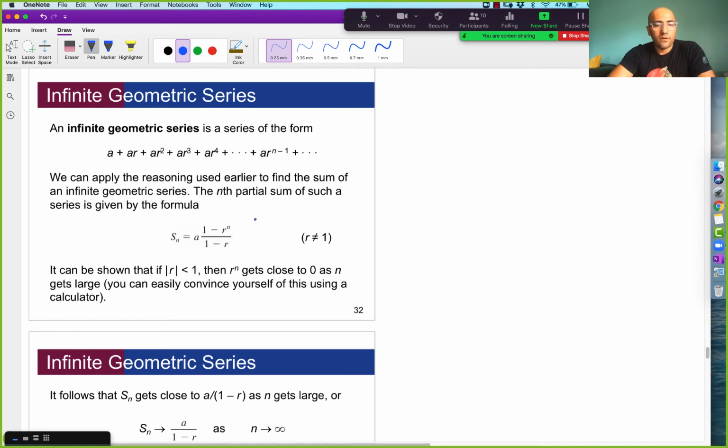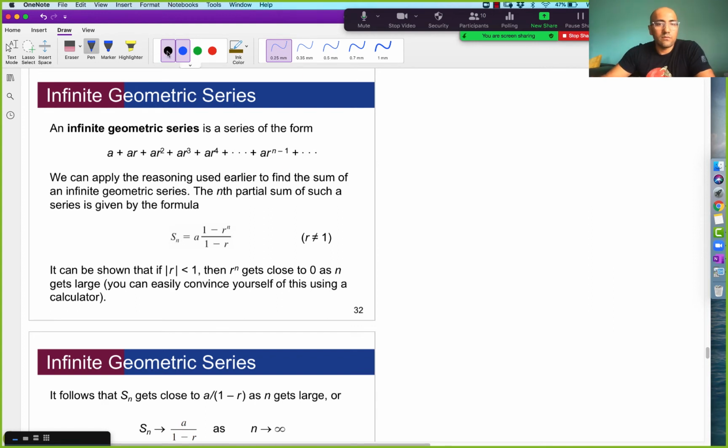Good. However, now, what if you want to add all of them? I don't want to add the first 20 numbers. I want to add all of them out to infinity. What is that going to be? Well, if these individual numbers are just getting bigger and bigger, then it makes sense that if we add all of them, they're just going to blow up toward infinity.